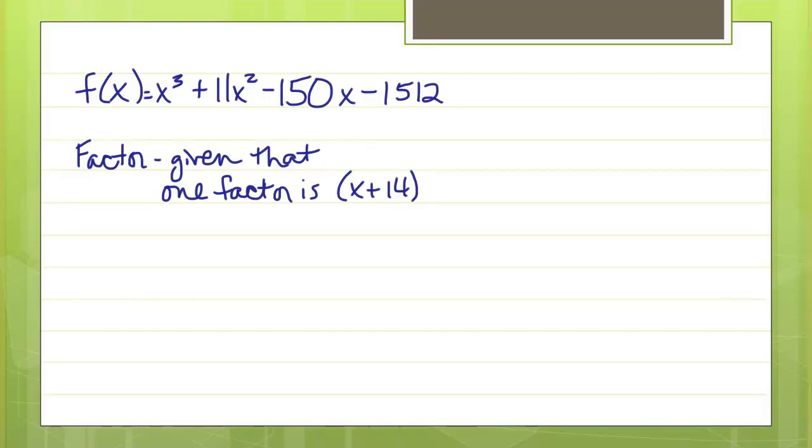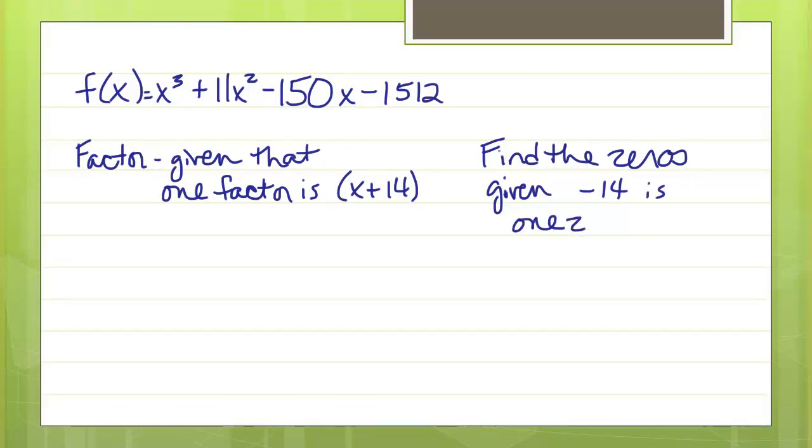Or I could ask you on the same question to find the zeros, given that negative 14 is one zero. Notice on one I gave you a factor and asked you to factor, and on one I gave you a zero and asked you for zeros. Notice that this factor would mean that this is one of the zeros.